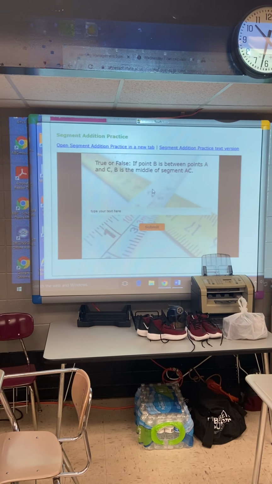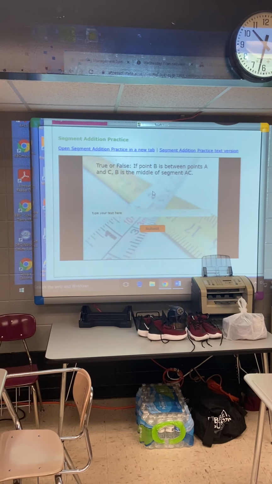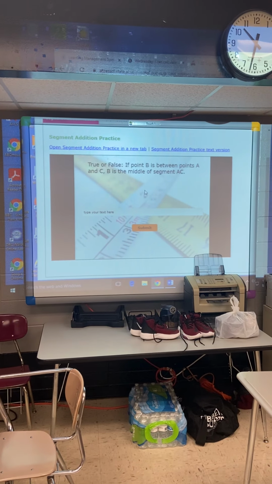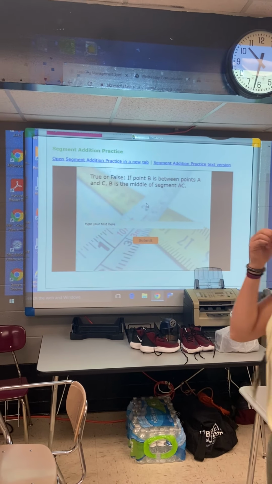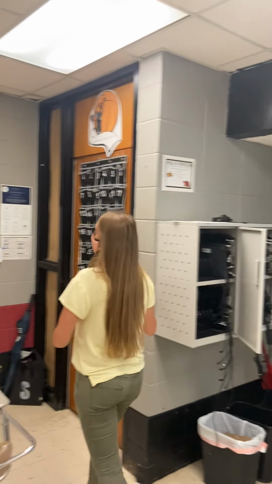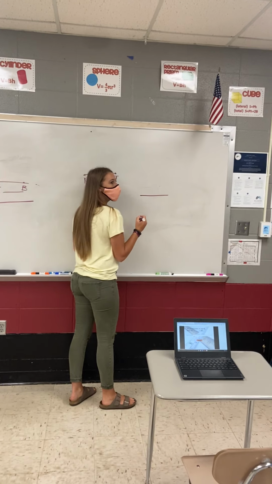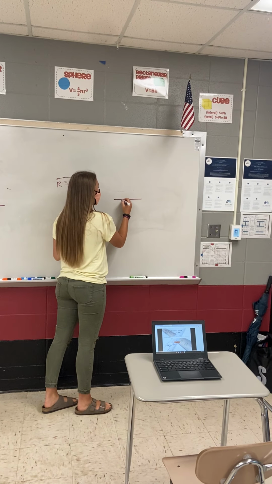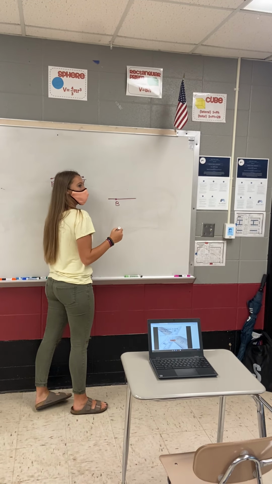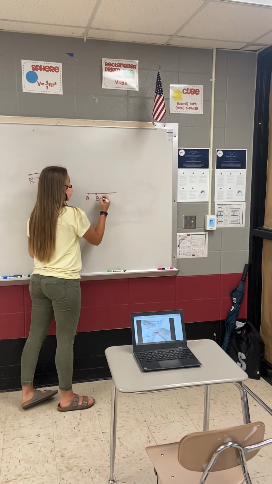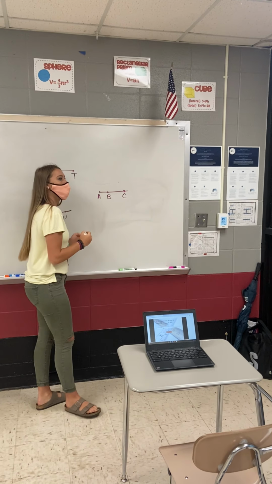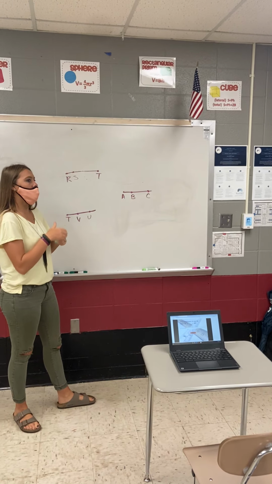Alright, this one's tricky. It says true or false. If point B is between points A and C, B is the middle of segment AC. So again, I'm going to do my picture here. So it says if point B is between, so here's B, between points A and C. B is the middle of segment AC.